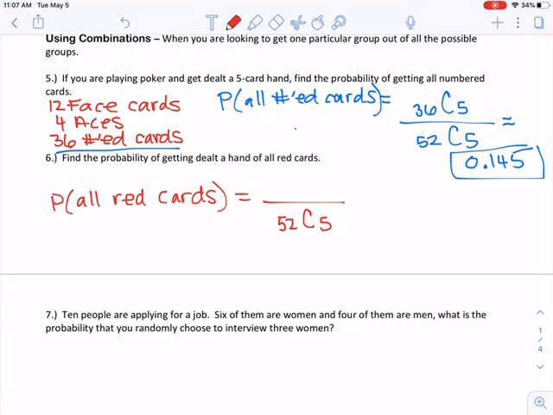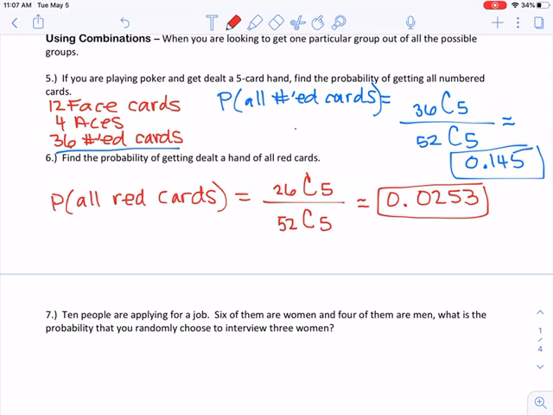If I'm just looking at the red cards, there's 26 red cards and 26 black cards. So I want to know how many ways can I choose 5 out of the 26 red cards. And then if I do my division and plug it into my calculator, I'm going to get 0.0253. So only about a 2.5% chance of that happening.